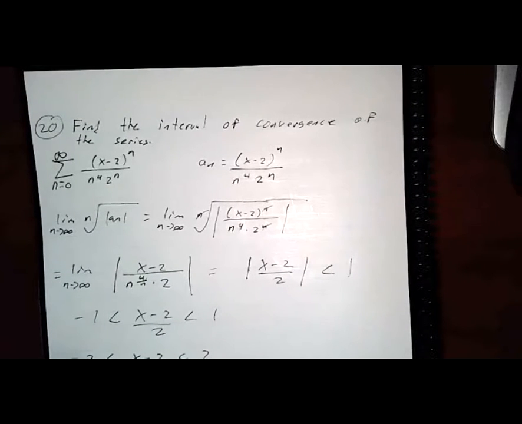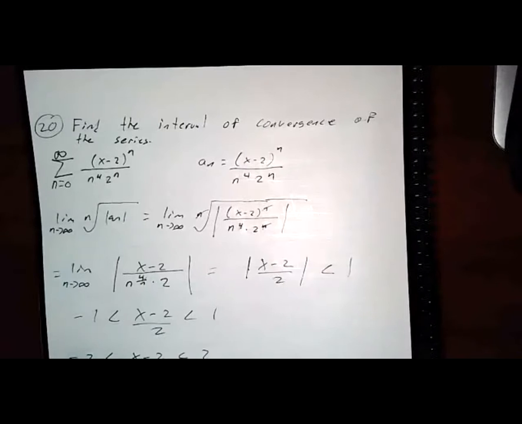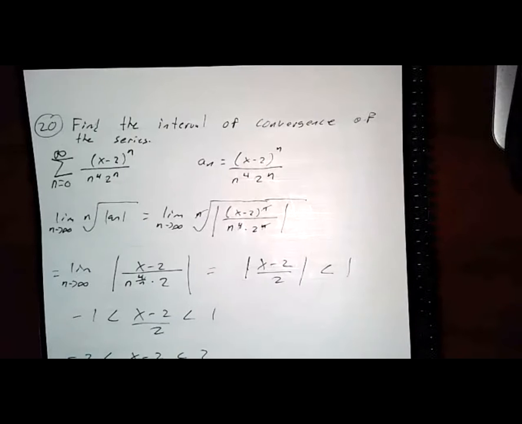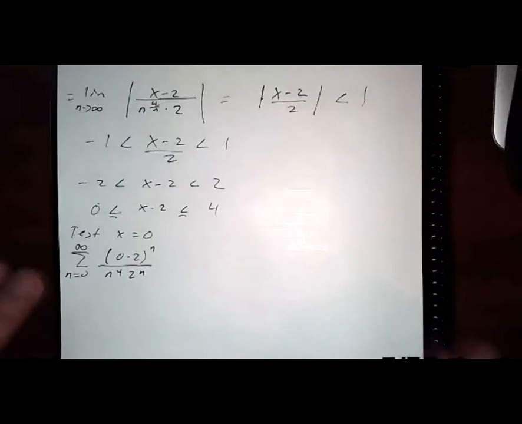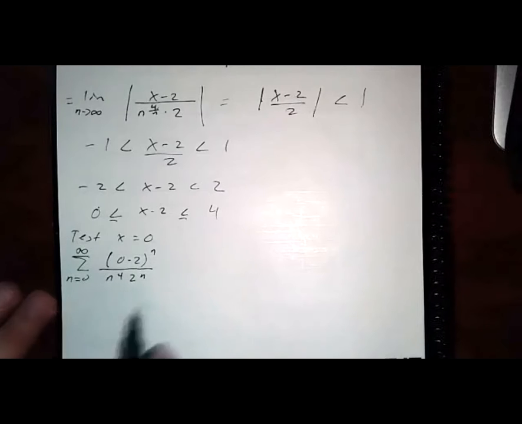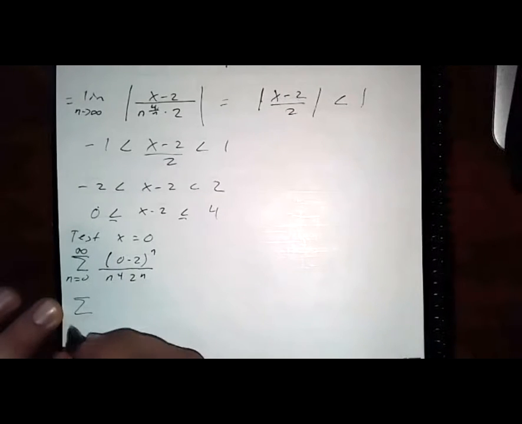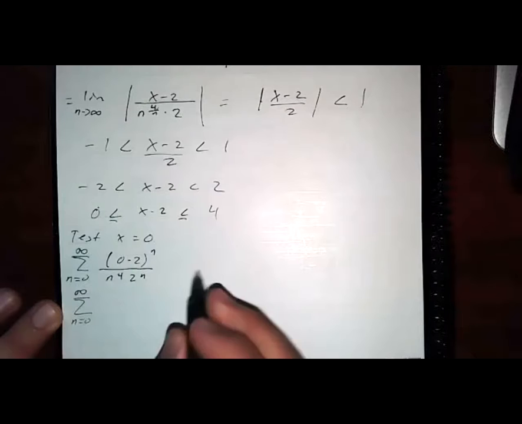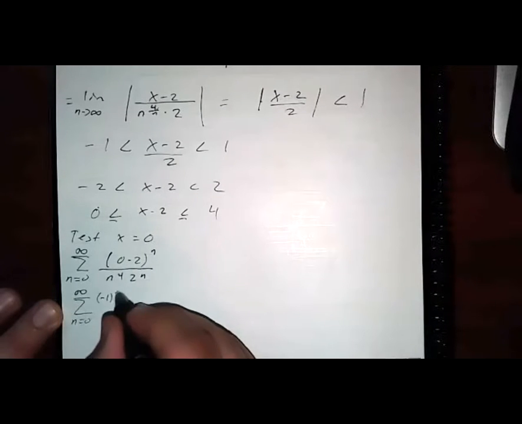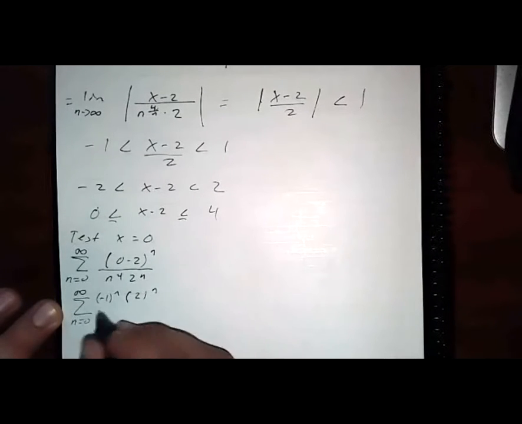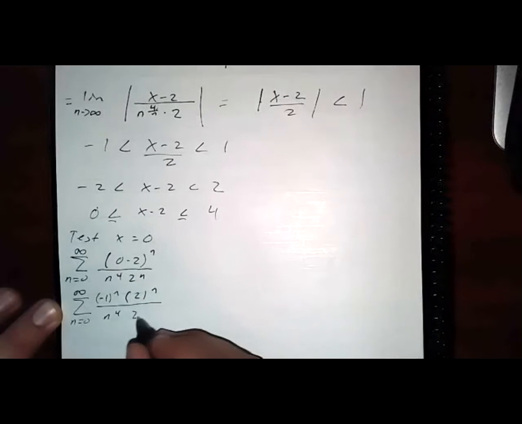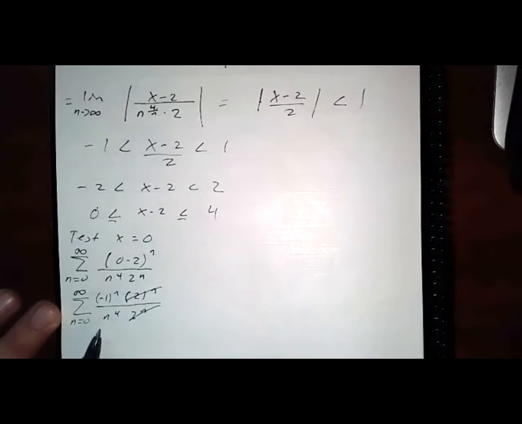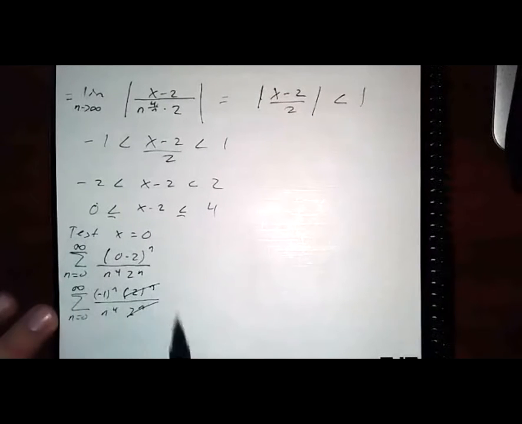So the series of n equals 0, of (0 minus 2)^n over n^4 2^n, which would become this: negative 1 to the n times 2^n over n^4 2^n. So these will cancel. This alternating part won't matter, so I'll take an absolute value.